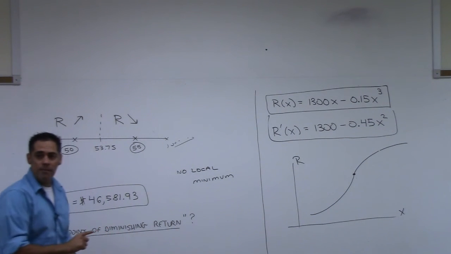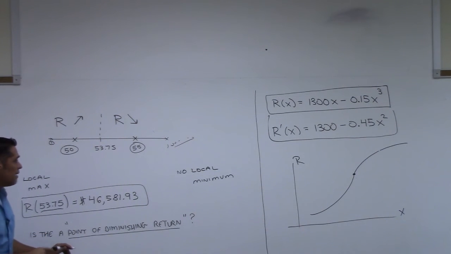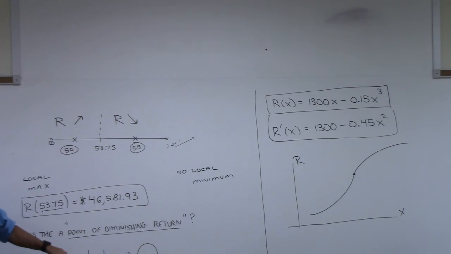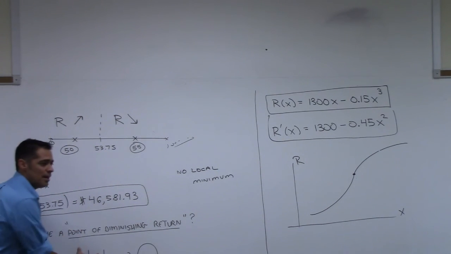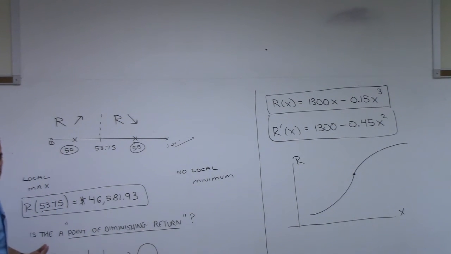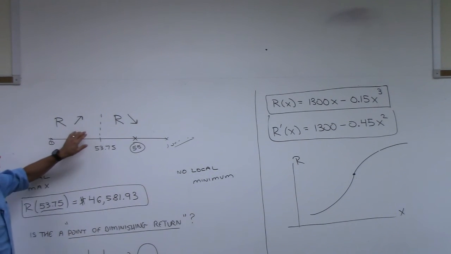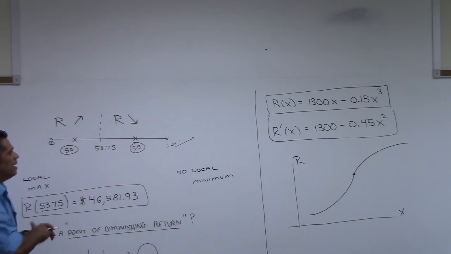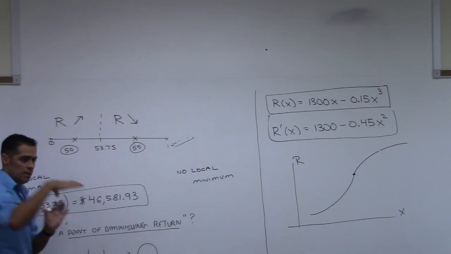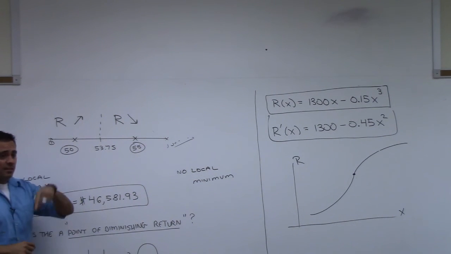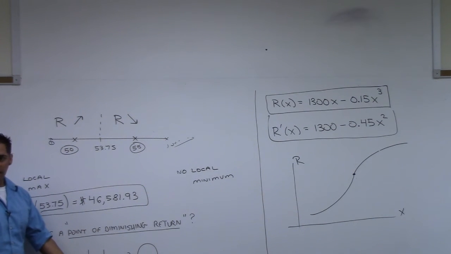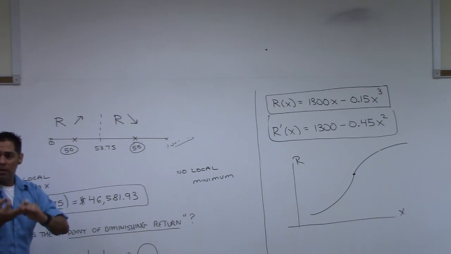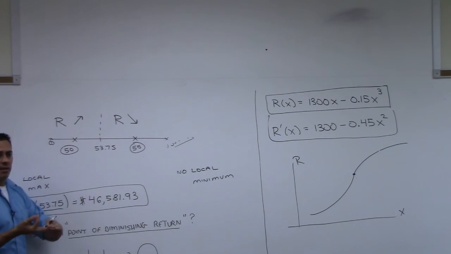So what we're looking for is a change in concavity. Do you ever go from concave up to concave down anywhere? That's what this is asking you. Does your graph ever go from concave up to concave down? But this does not have anything to do with smiles or frowns. We have to look at the second derivative to be able to answer this. Anytime we're talking about concavity or inflection points or point of diminishing return, we have to look at the second derivative.